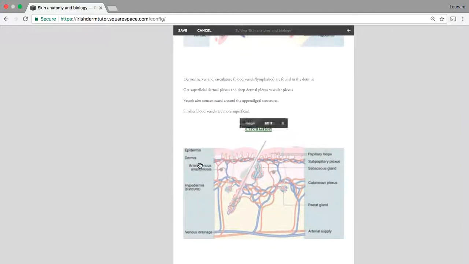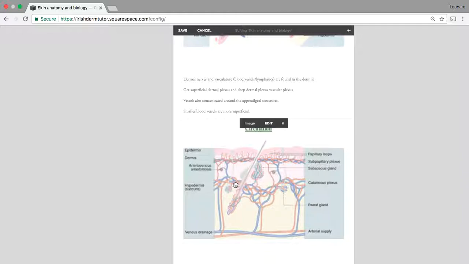Here is just an image of the circulation of the dermis, and you basically get these down in the subcutaneous area. You get arterial supply and venous drainage, and then these connect up into a deep dermal plexus and a superficial dermal plexus.